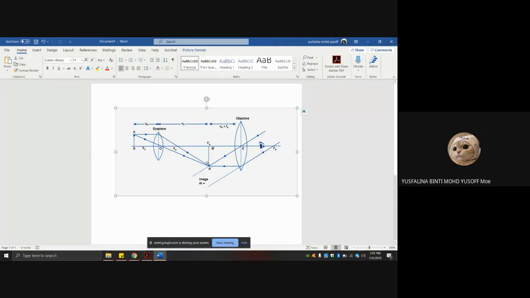Then draw a line through the center. You make it longer, so the image is at infinity. So that is the ray diagram for the microscope.